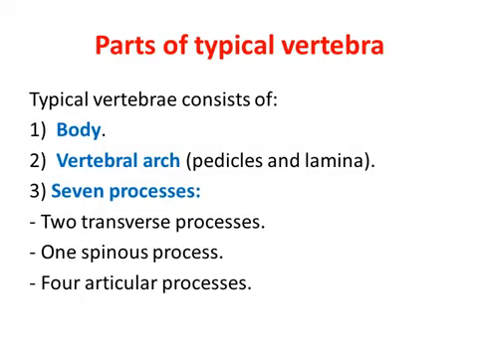And 7 processes وسبعة بروزات ممتدة من جسم الفقرة. 2 transverse processes زوج من البروزات المستعرضة. 1 spinous process وبروز واحد شوكي and 4 articular processes وأربعة بروزات مفصلية لكي تتمفصل الفقرات مع بعضها البعض.